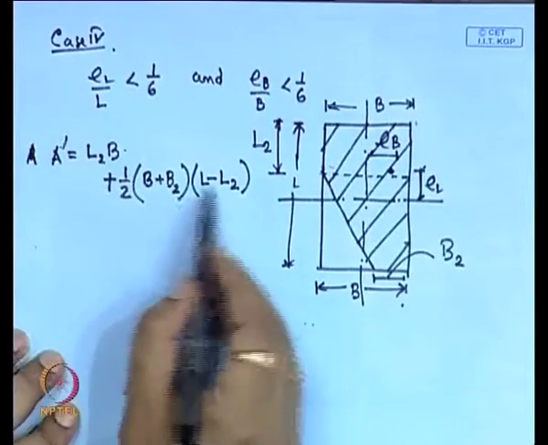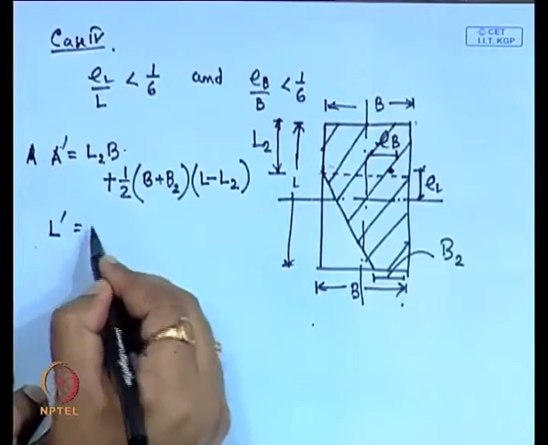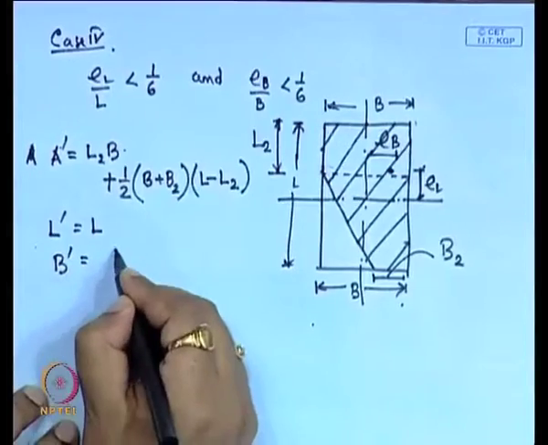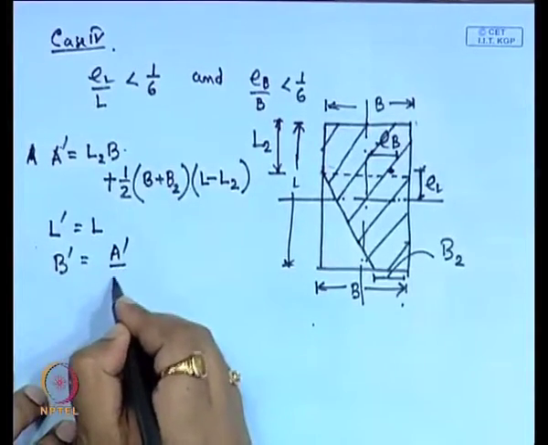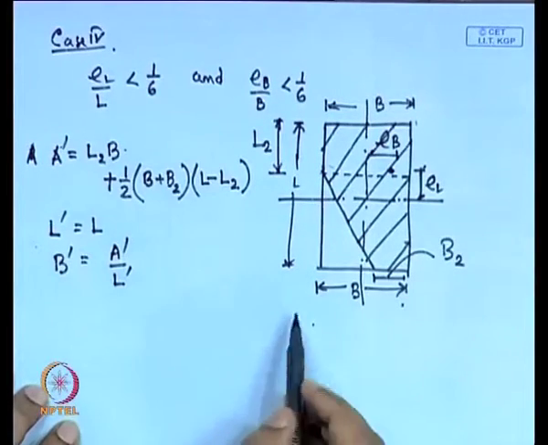So, this will give us the effective area, and again L dash is equal to L and B dash is equal to A dash by L dash. So, these are the 4 cases.